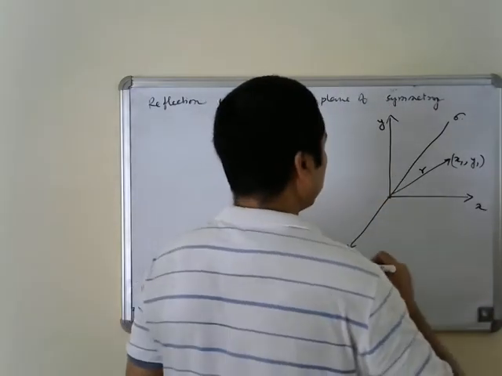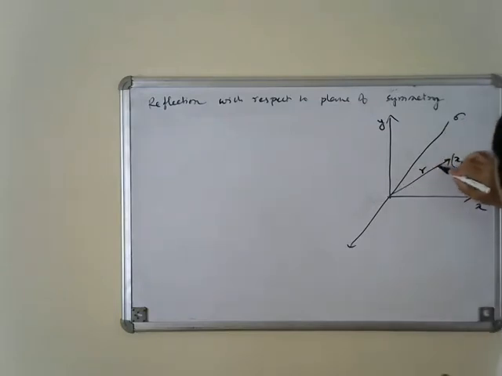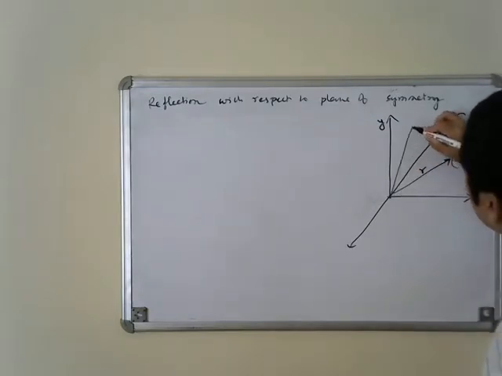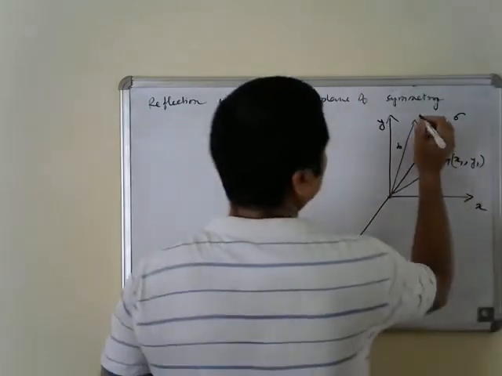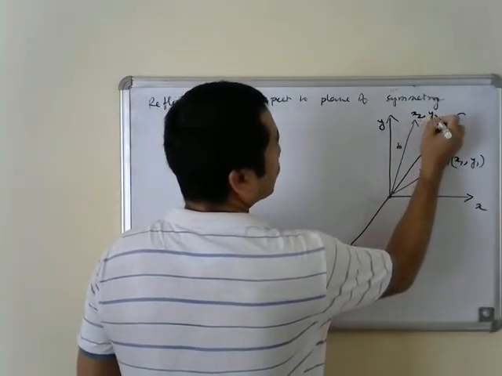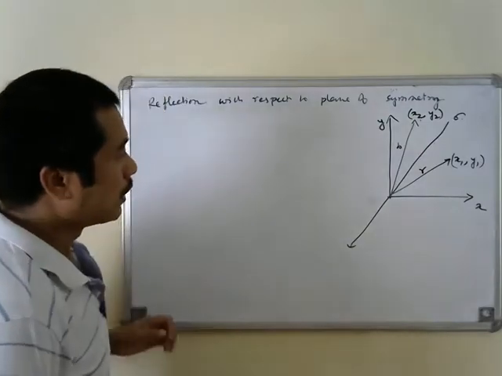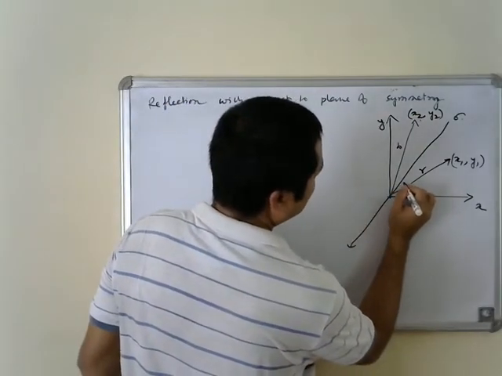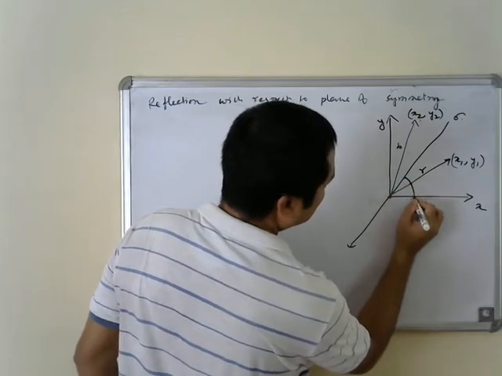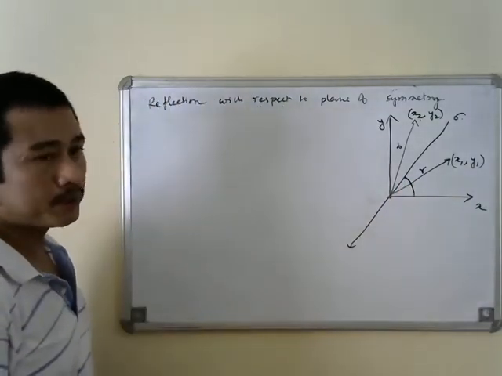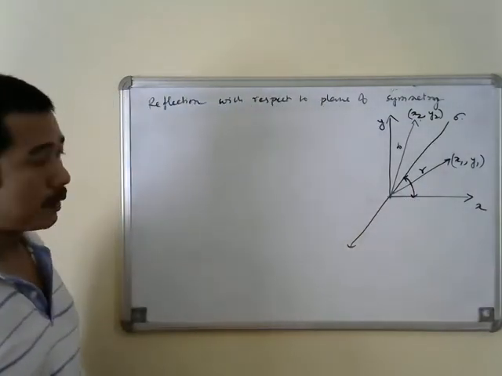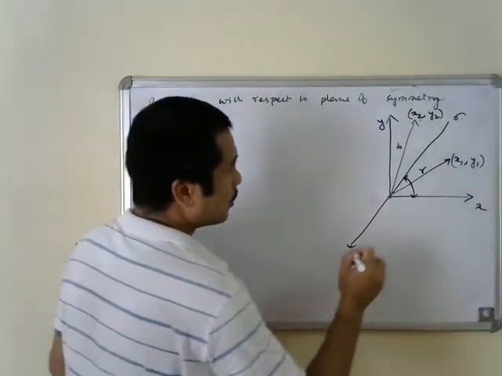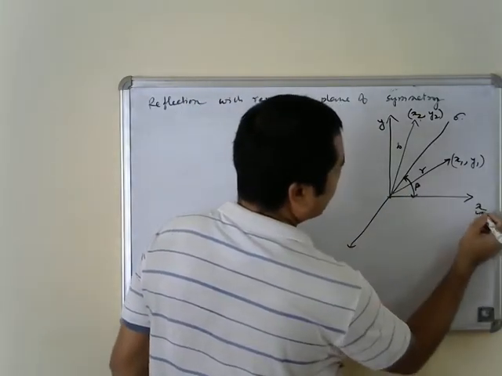After we do reflection with respect to this plane, the vector gets reflected towards the other side of the plane, and the final coordinate is x2, y2. Now let's assume that this plane of symmetry that we have considered makes an angle beta with the x-axis.